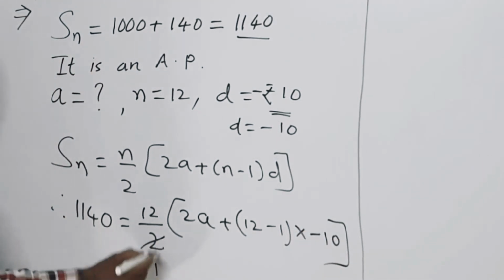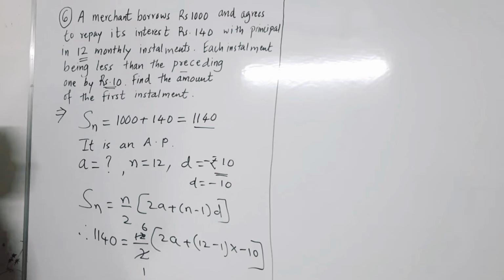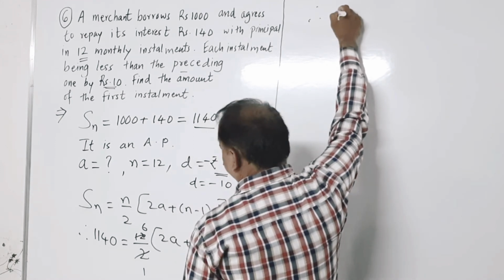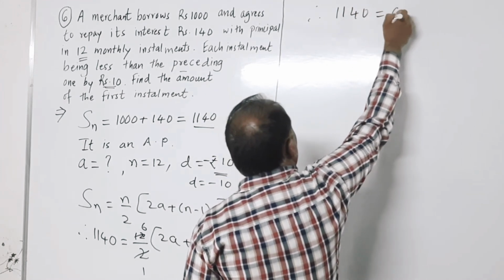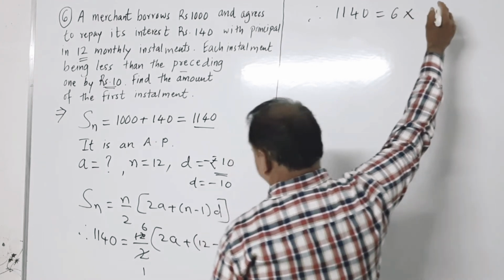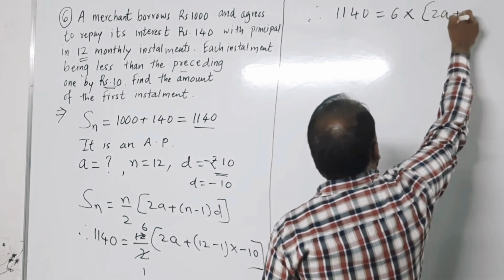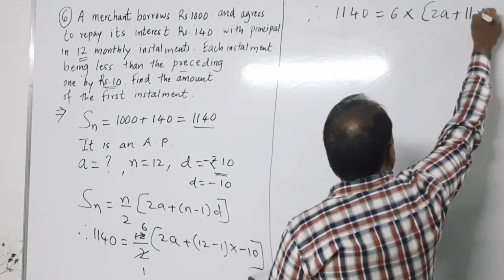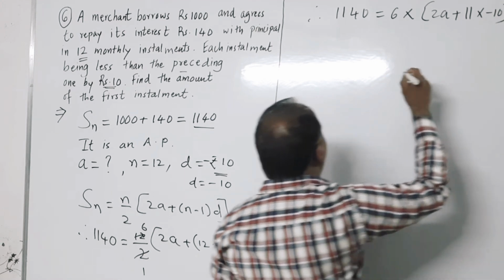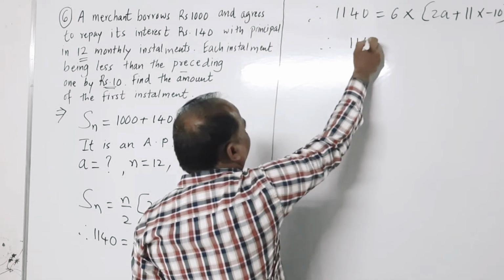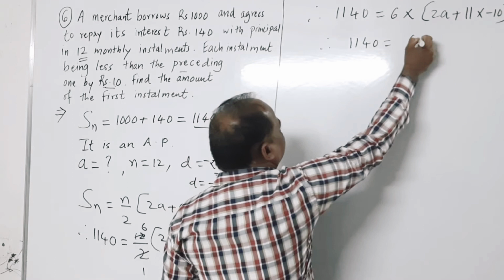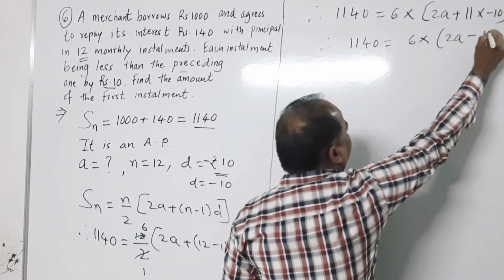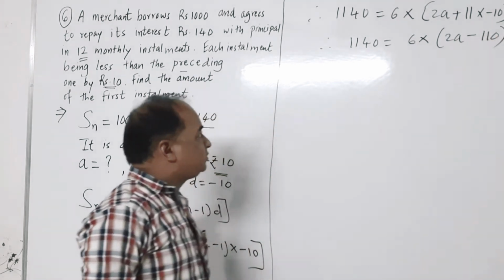Here 2 ones are 2, 2 sixes are 12. Therefore 1140 is equal to 6 into 2a plus 11 into minus 10. Therefore 1140 is equal to 6 into 2a minus 110.